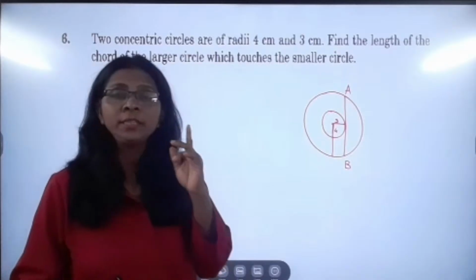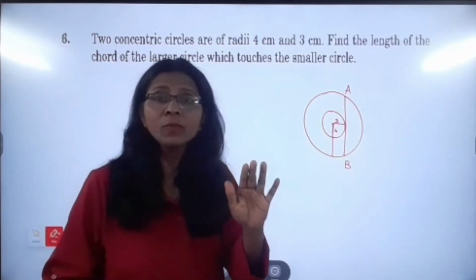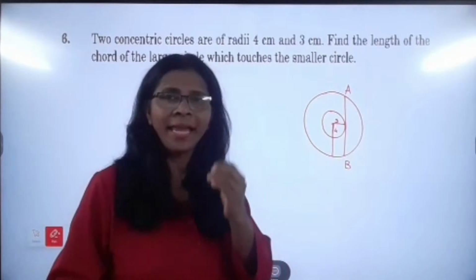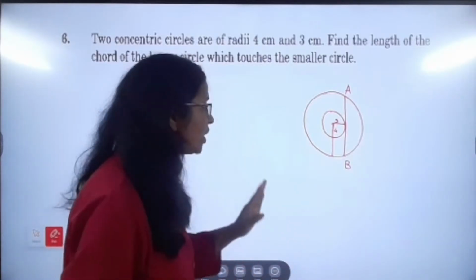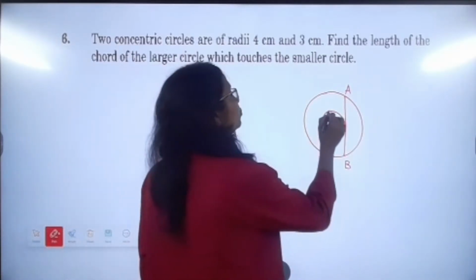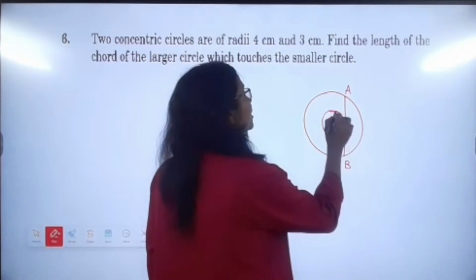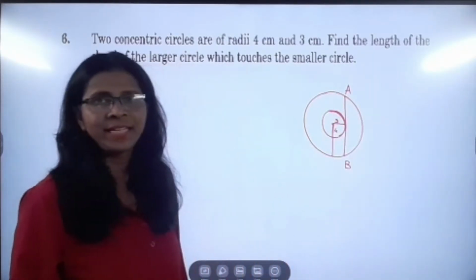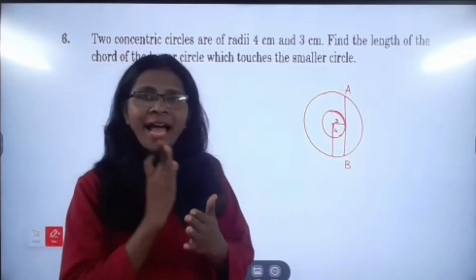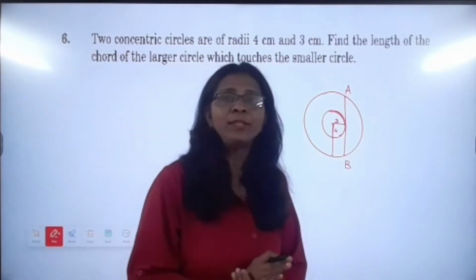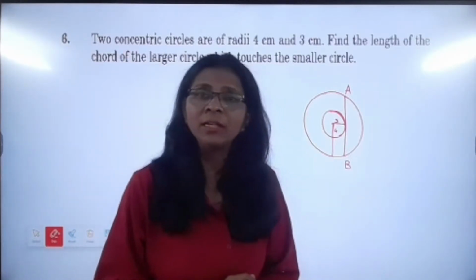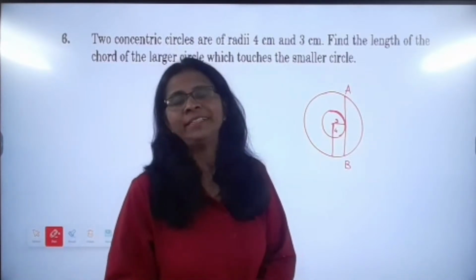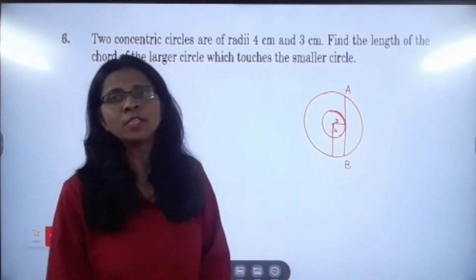If this chord touches the smaller circle at any point, then AB will be the tangent of the smaller circle.